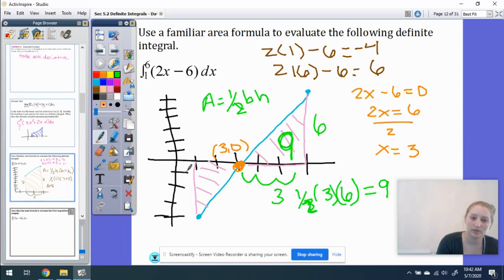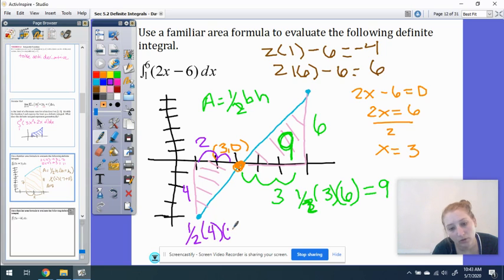All right, now I got to do this side. So we know that this distance right here is 1, 2. This distance on the side is 4. So I'm going to say 1/2 times 4 times 2, which is going to give me 4. Okay. All right, so now we're going to find the net area.